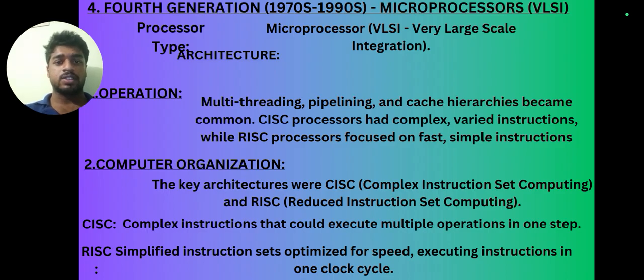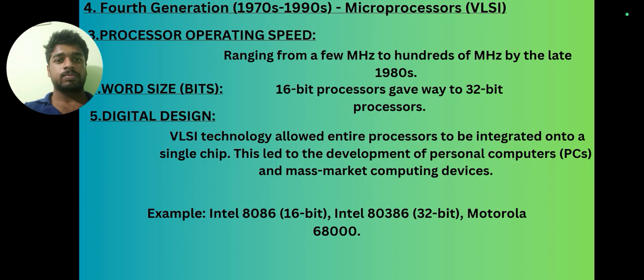Computer organization: the key architectures were CISC and RISC. Processor speed ranged from a few megahertz to hundreds of megahertz by the late 1980s, and 16-bit processors gave way to 32-bit processors.